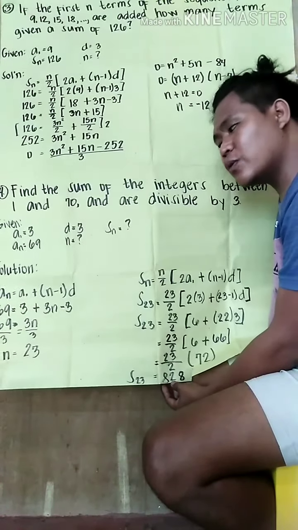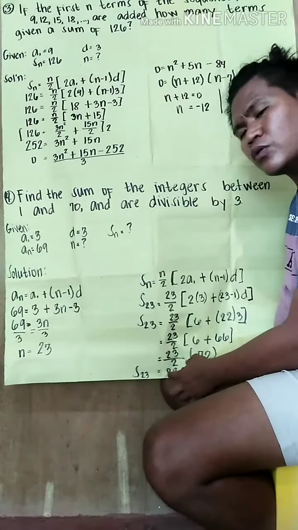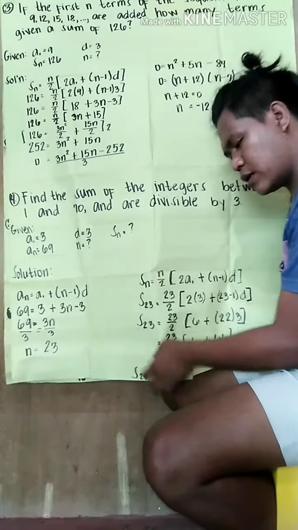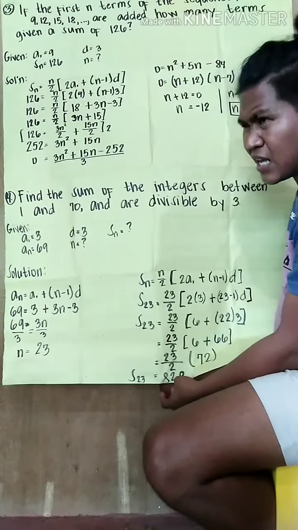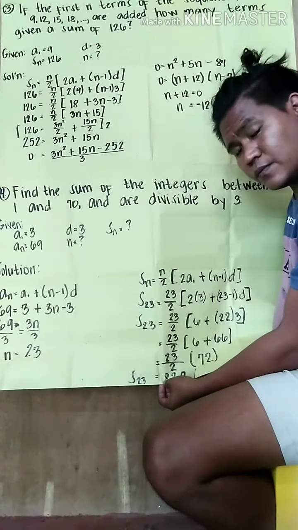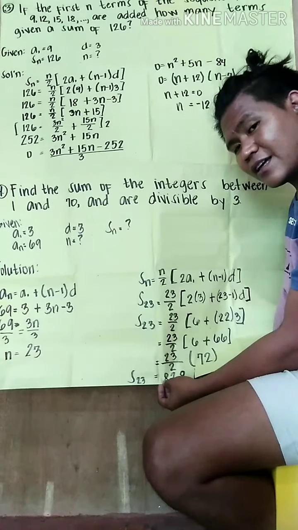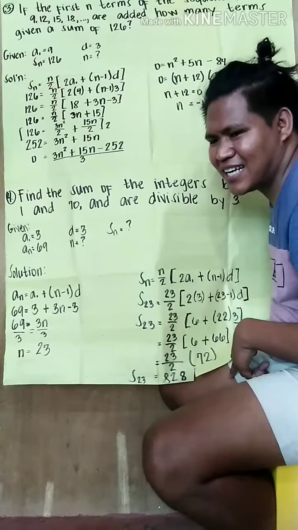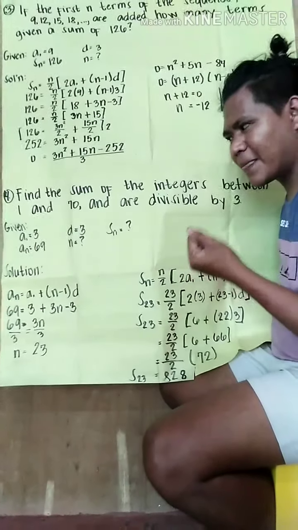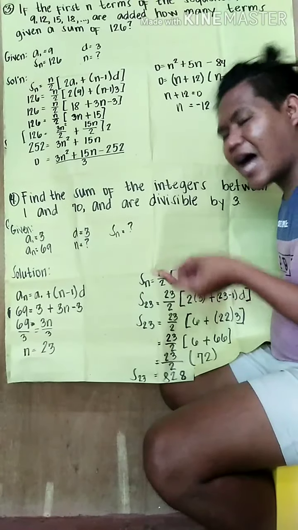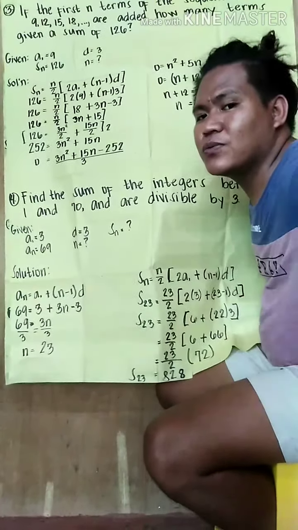So if we are going to add all the terms, or if we are going to add 23 terms, it will lead us to 828. 828 is also divisible by 3, right? You can just check that on your calculator. Okay, do you have any questions? None? I have a last example for you.